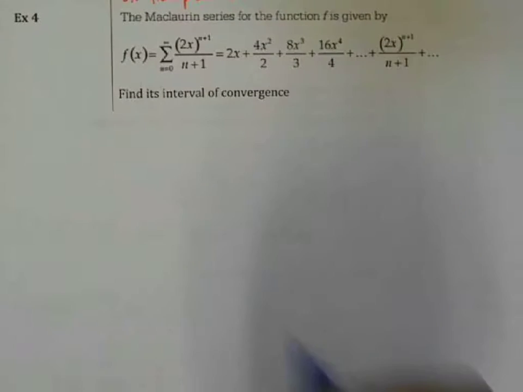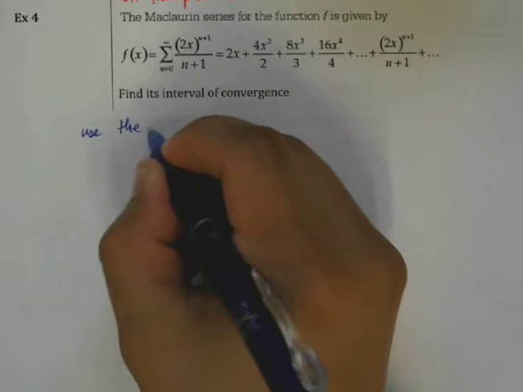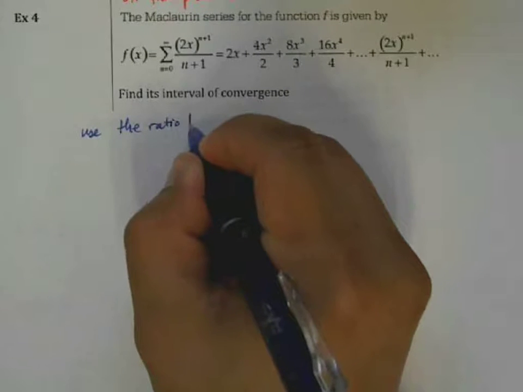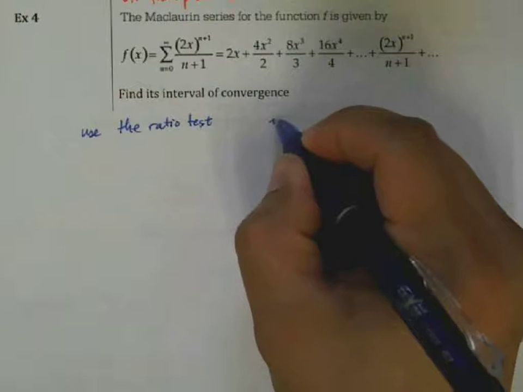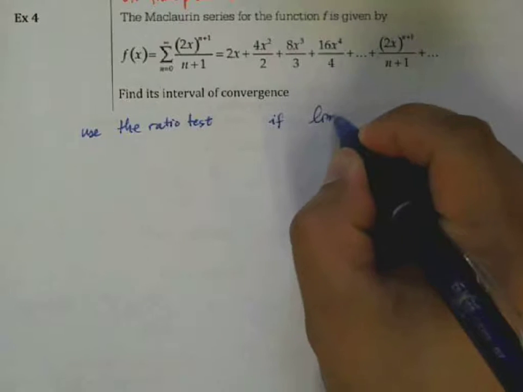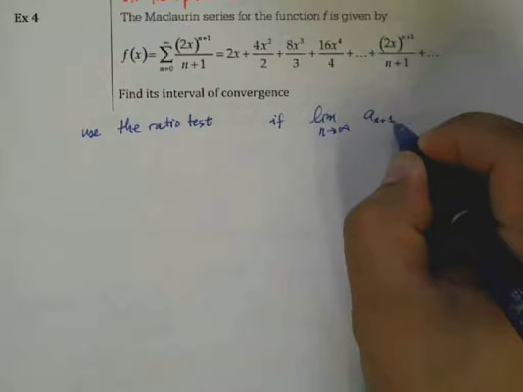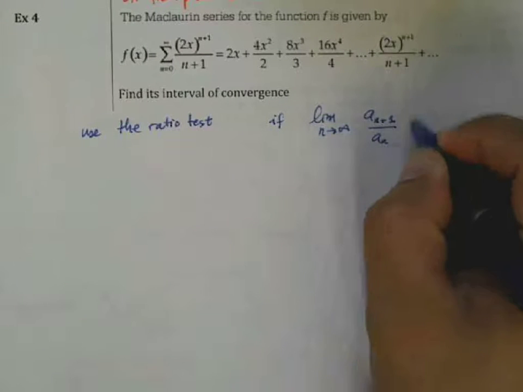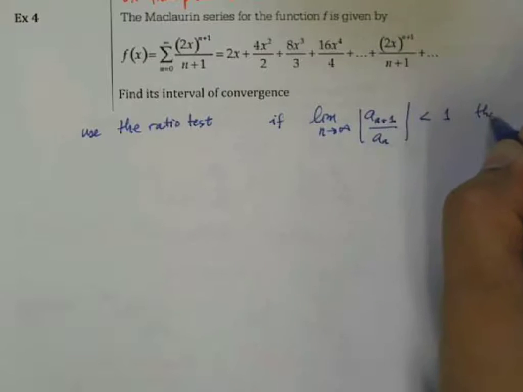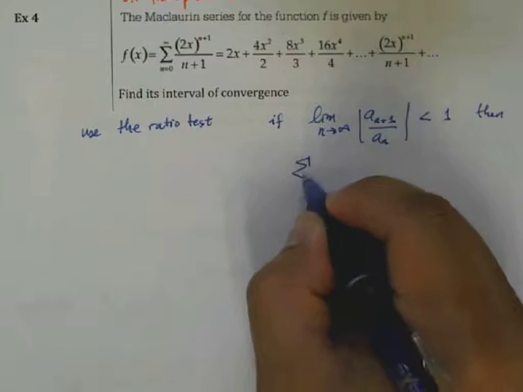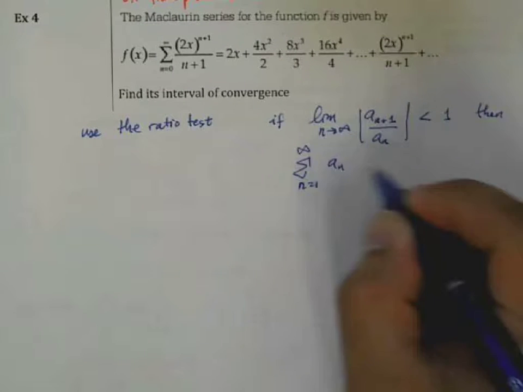So I am going to use the ratio test. The ratio test says that if the limit as n approaches infinity of the absolute value of the n plus 1 term over the nth term is less than 1, then the series converges.